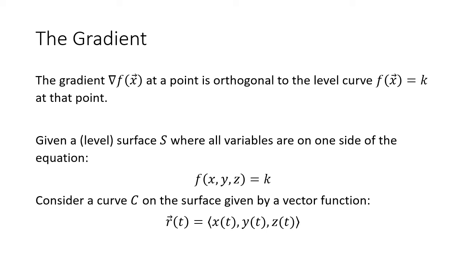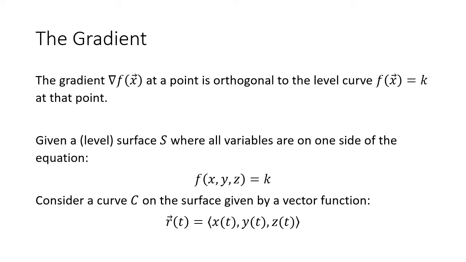So now that I see it in action, what does it really mean? And how do I know that that's the case? How do I know that the gradient at a point is going to be orthogonal to that level curve at that point, regardless of how many variables we're dealing with? Well, we're going to go back to the idea of a level surface.